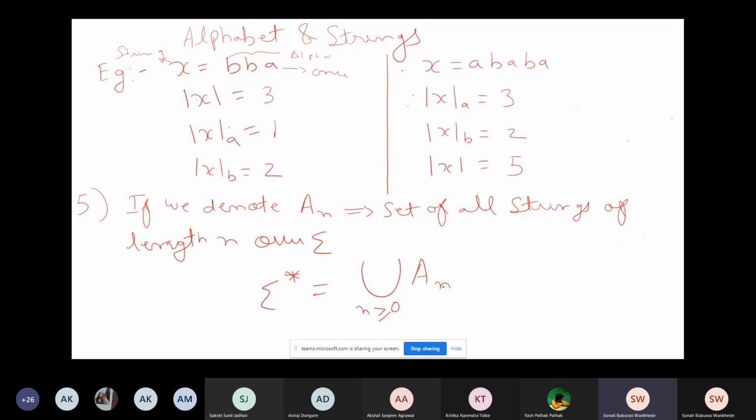This is my fifth rule. But it does not carry that much weightage, so we will move ahead with some other examples.